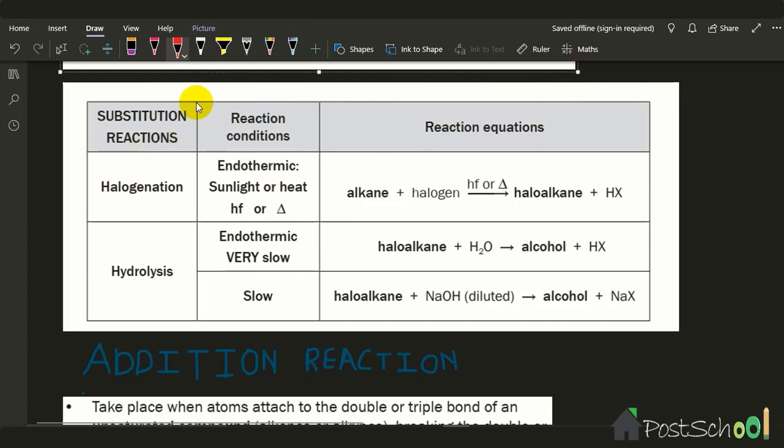So under substitution reactions kukhona i-halogenation kanye ne-hydrolysis. So kwi-halogenation sithola ukuthi it is an endothermic reaction, and then i-reaction it requires sunlight noma heat. Obviously ke le reaction yenzeka kuma saturated hydrocarbons, ama-alkane plus an halogen with the presence of heat kuphuma a haloalkane plus a compound lapha ekugcineni.